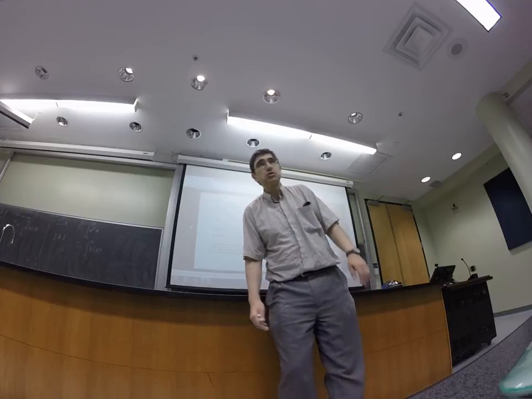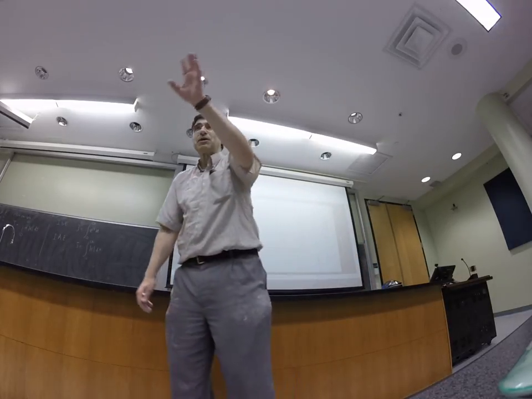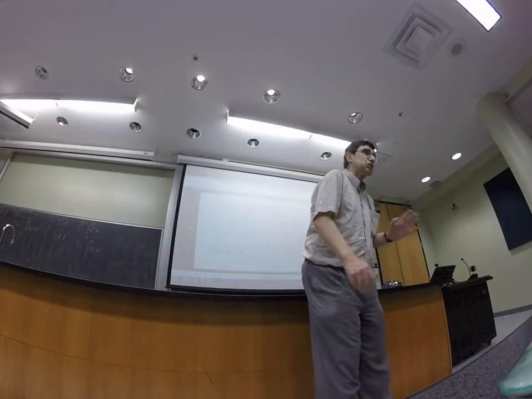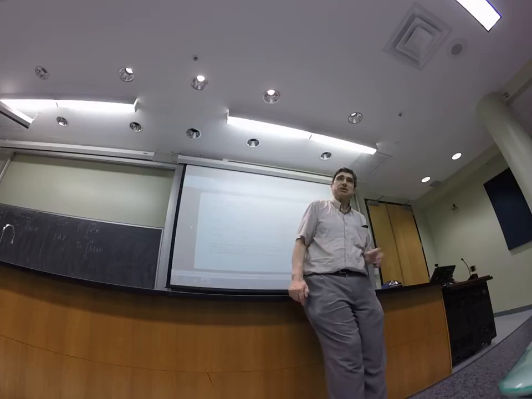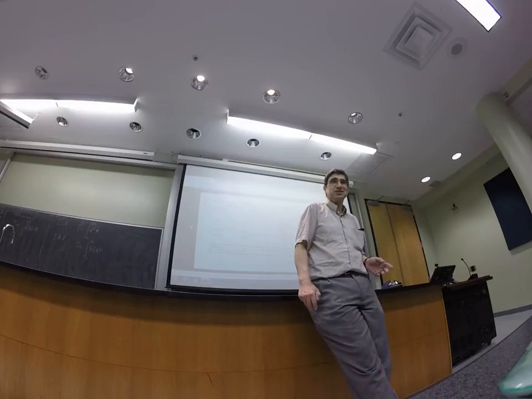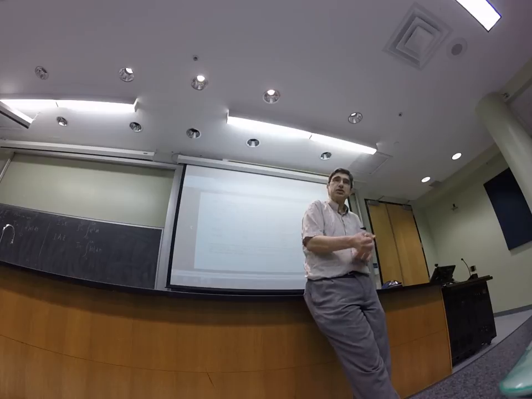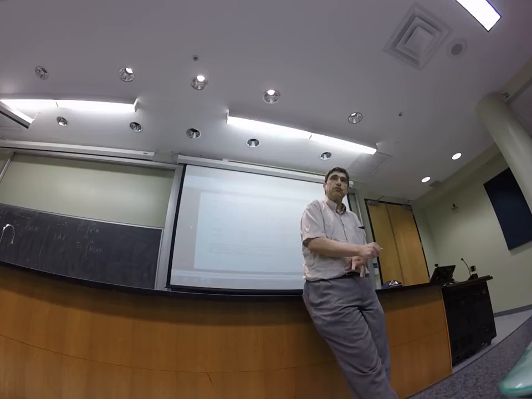Interestingly enough, I told you that IMC, internal model control, is good for set point changes, but it's not good for disturbance changes. Yet the tuning we have for Ziegler-Nichols and Cohen-Coon is the same for both set point and disturbance changes.